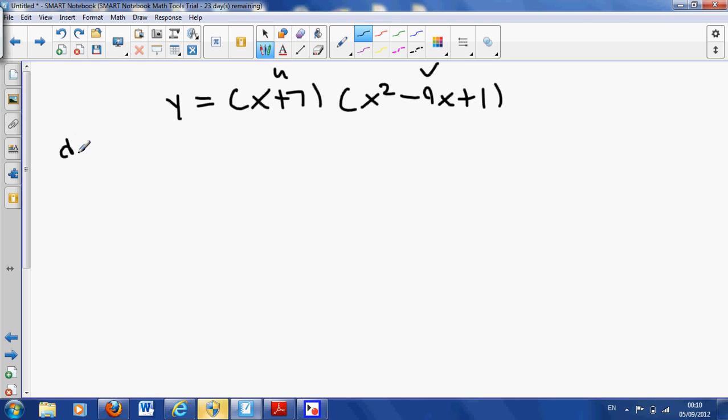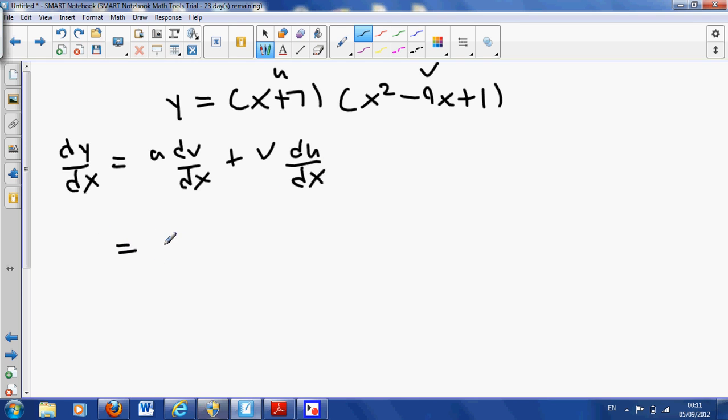So dy/dx ends up to be what we said last time, u dv/dx plus v du/dx. And what we're going to have here is u is x plus 7. For v, we've got to differentiate v. When you differentiate v, the 2 goes to the front, so you get 2x.